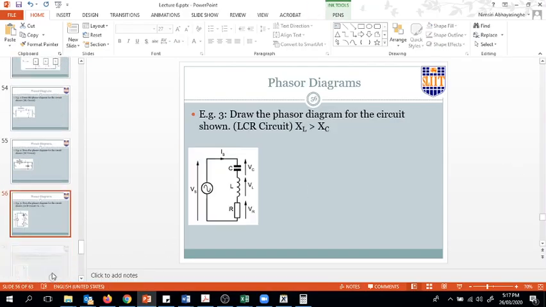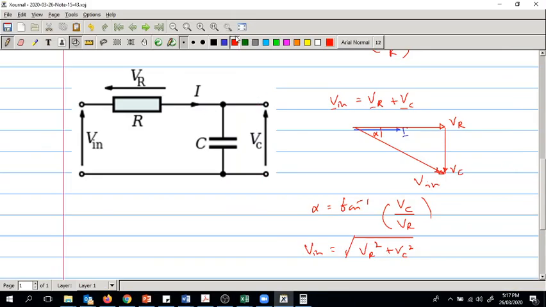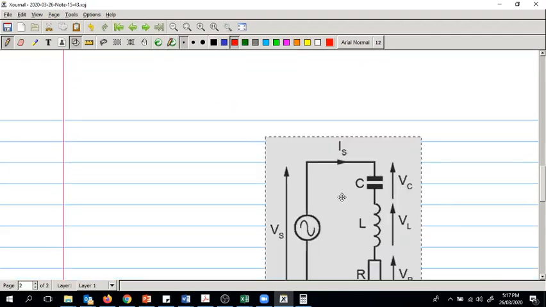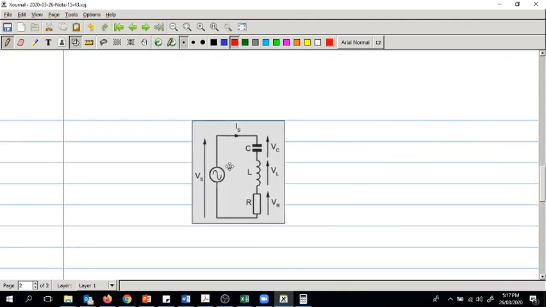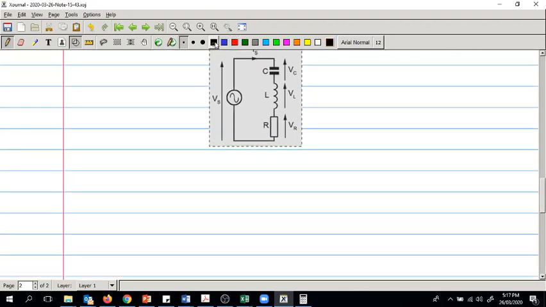The next example, right, when there are three and given a condition as well, XL is larger than XC, right? So let's draw all the options together, or there are two cases actually. Okay, the first case actually is given as XL larger than XC.